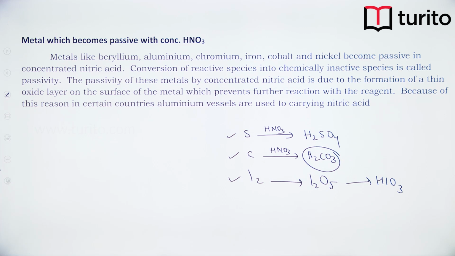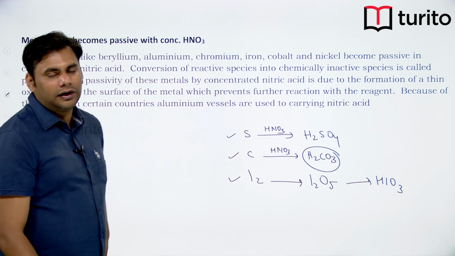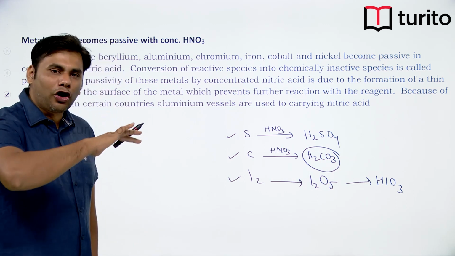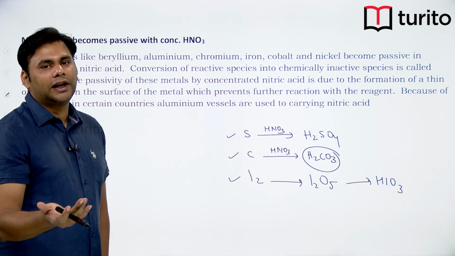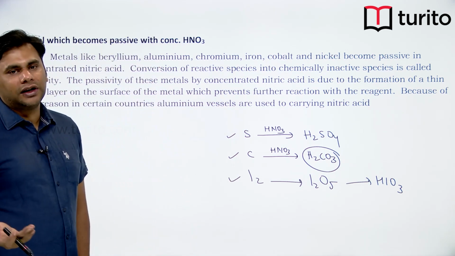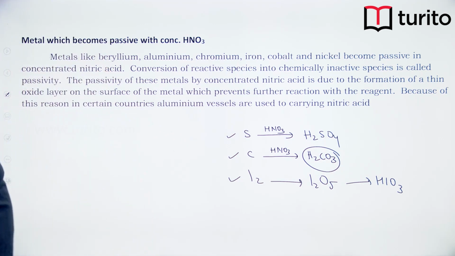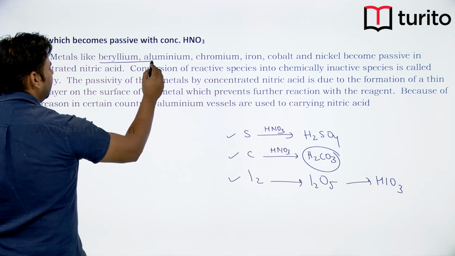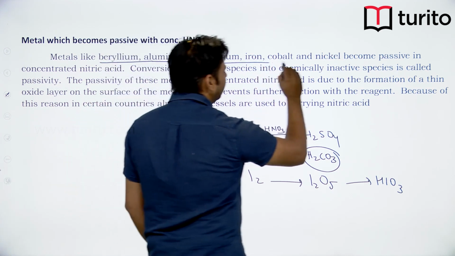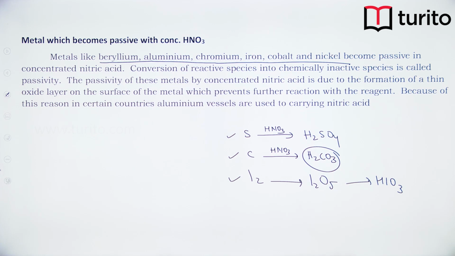Now there are some metals which become passive on treatment with HNO3. That is, they do not react with HNO3 because an oxide layer is formed on their surface. As you react these metals with HNO3, the metal gets oxidized and a protective oxide layer is formed on the surface. Metals like beryllium, aluminum, chromium, iron, cobalt, and nickel become passive in concentrated nitric acid.